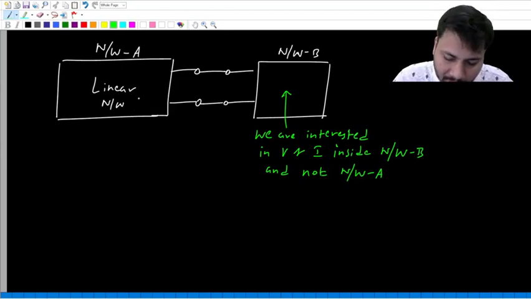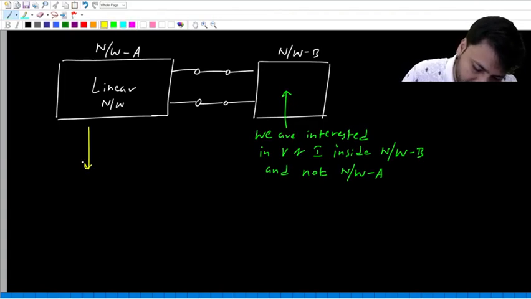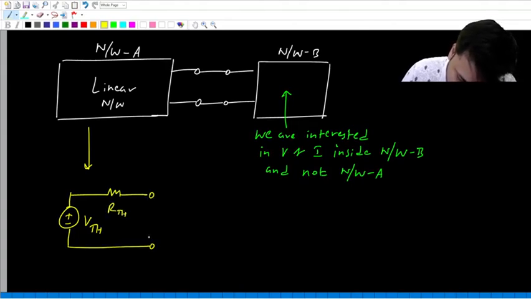Because we are not interested in voltage and currents inside this network A, and because network A is linear, we can replace network A with its Thevenin equivalent. So network A can be replaced with its Thevenin equivalent, which is VTH in series with RTH.